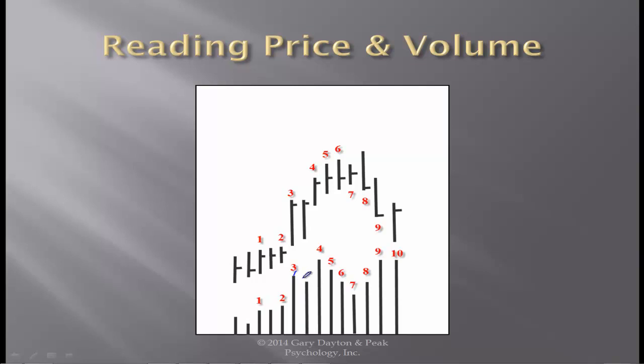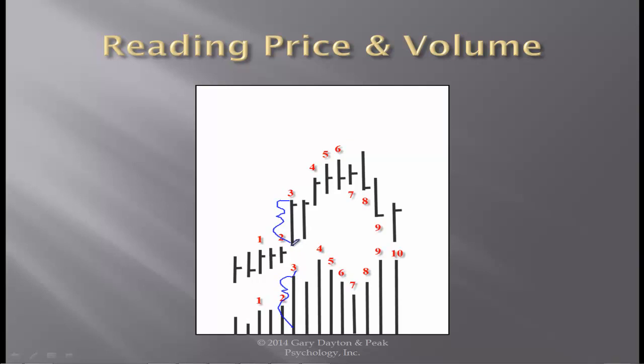Okay. Now we want to try to relate the bar with the volume, the price with the volume. We have a wide spread here, and that denotes a lot of activity. Okay, and we have a lot of volume. That also denotes a lot of activity, a lot of trading going on.